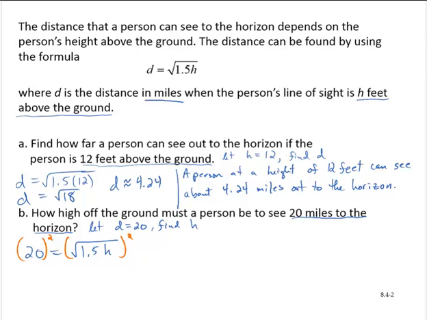Alright, so 20 squared, well that's easy. 20 squared is 400. And the square root of 1.5h squared is going to give us back 1.5h. So we have 400 is equal to 1.5 times h, and now we can divide through by 1.5.